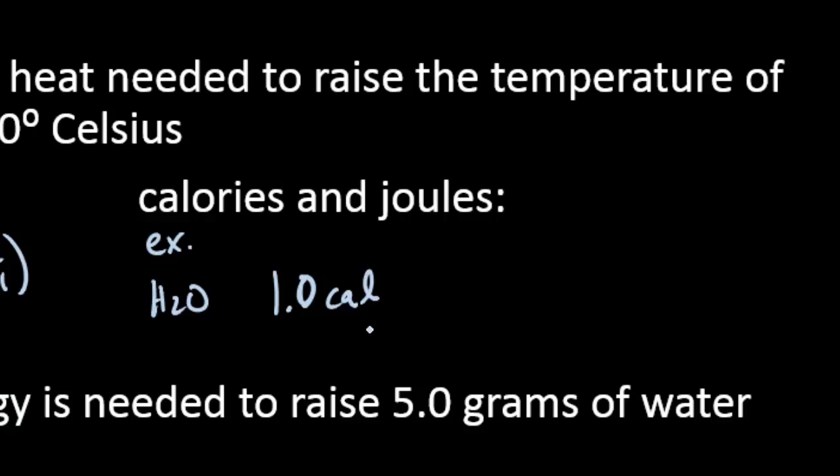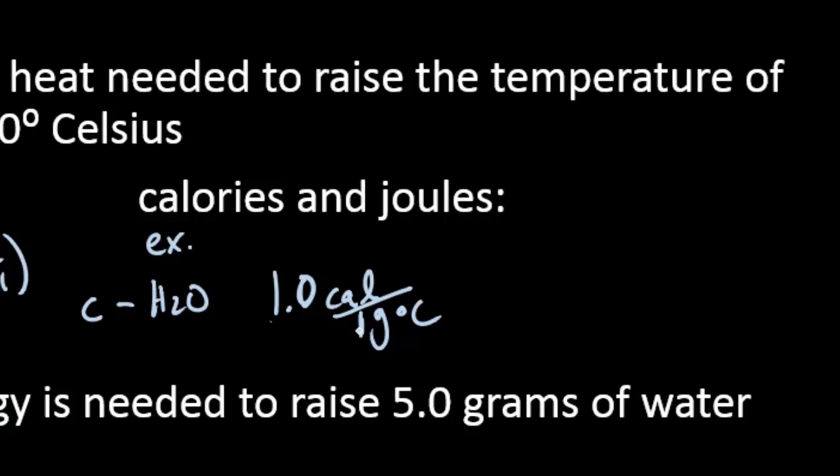The specific heat of H2O is 1 calorie per gram degree Celsius. Okay, you'll notice the units on there. Calories divided by grams divided by degrees Celsius. If you rearrange C by itself, those are the units left hanging that don't cancel. What does that number mean? It means that if I have, you can put a little 1 down here, it's totally fine, if I have 1 gram of a substance and I want to raise it 1 degree Celsius, it takes 1 calorie of energy.